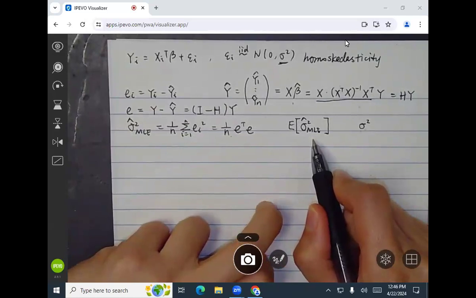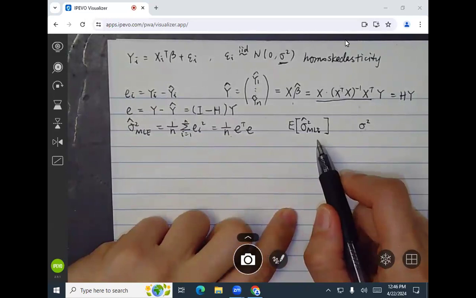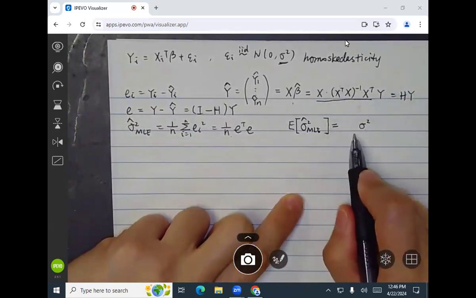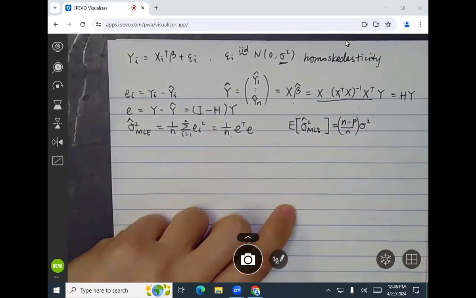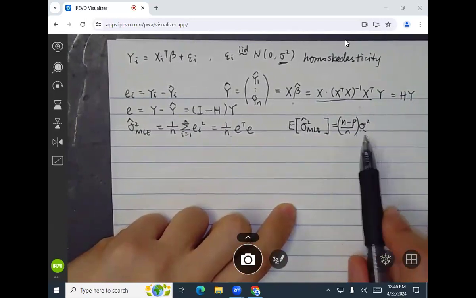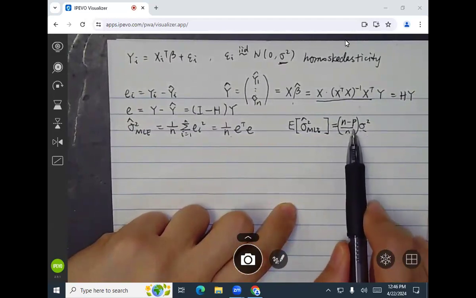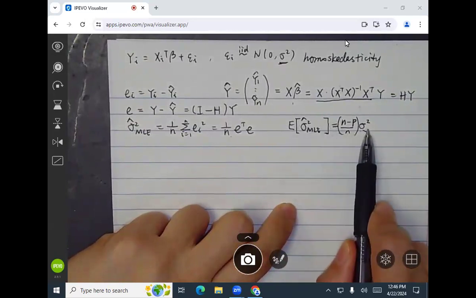Okay, so based on that, what's the expectation of this? Actually, we can show that it's biased. The expectation, we can calculate, is (n minus p) over n multiplying sigma squared. Asymptotically, when you let n go to infinity, the bias is not there because the expectation is just sigma squared.